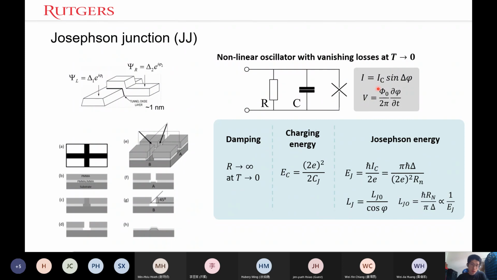If the current exceeds the critical value IC, a time averaged voltage proportional to the rate of time evolution of the phase, d phi dt, will be generated across these junctions.